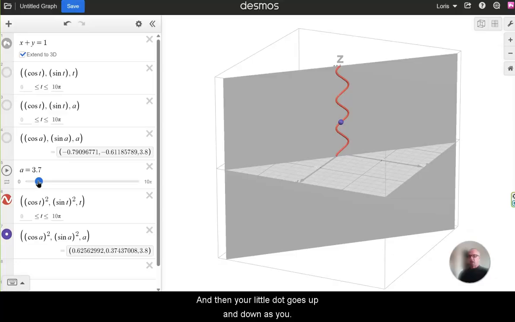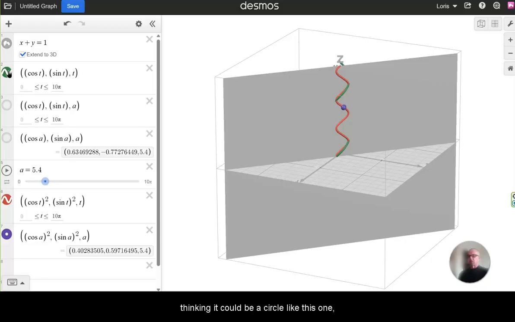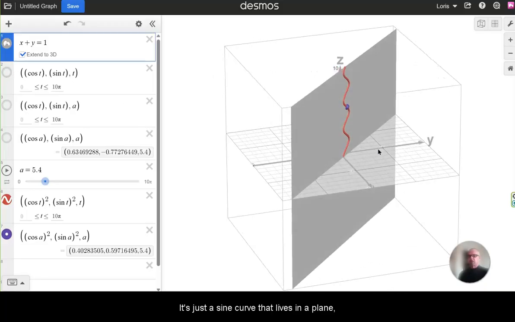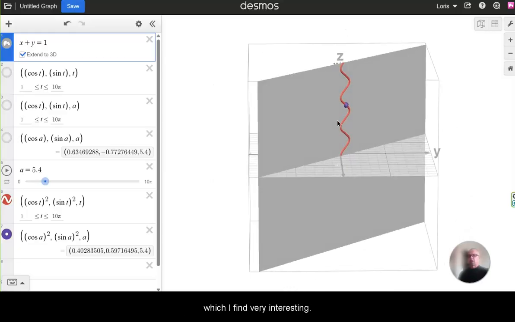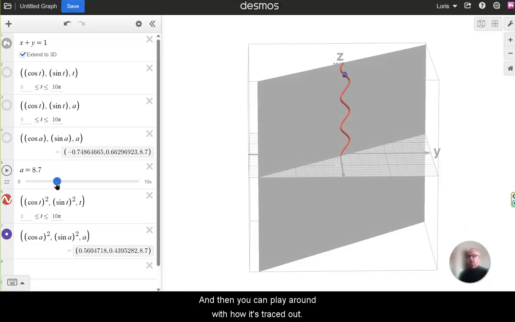And then your little dot goes up and down as you want. All right, so it's very misleading to see a cosine and a sine in here, thinking it could be a circle like this one, or a helix of some sort. But it's not. It's just a sine curve that lives in a plane, which I find very interesting. And then you can play around with how it's traced out.